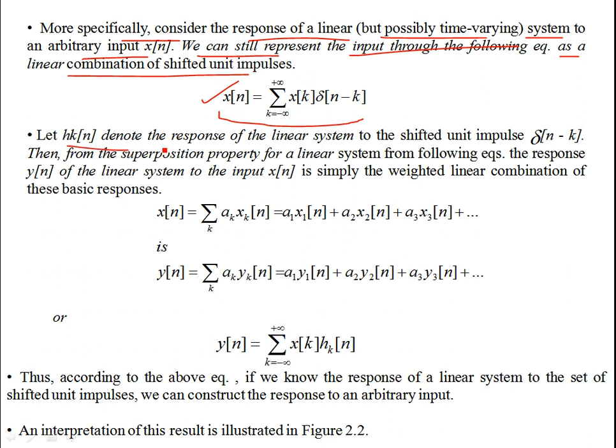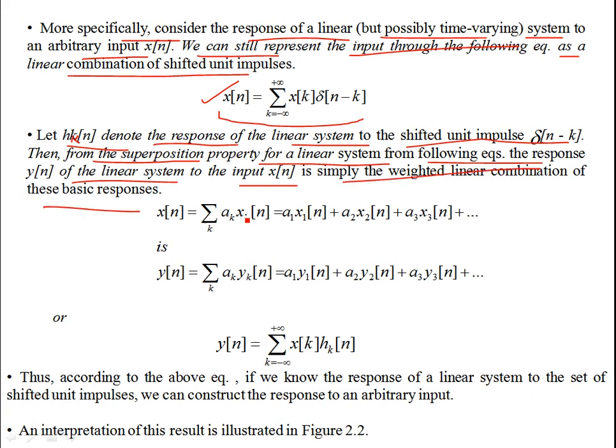Then let h_k of n, with k as subscript, denote the response of the linear system to the shifted unit impulse delta n minus k. Then from the superposition property for a linear system, the response y of n to the input x of n is simply the weighted linear combination of these basic responses.